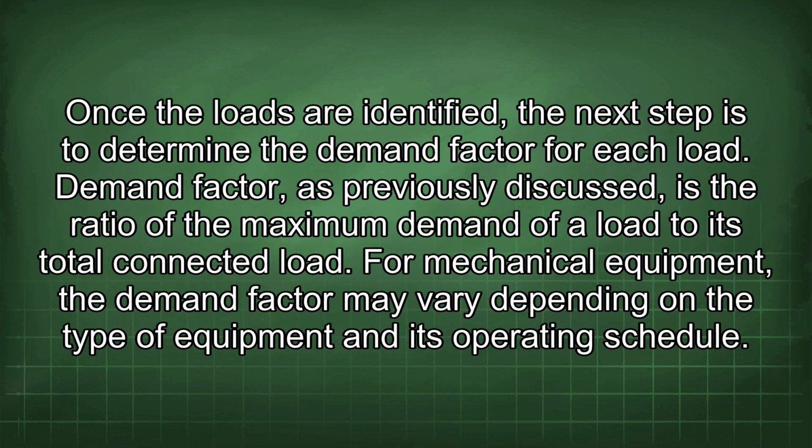Once the loads are identified, the next step is to determine the demand factor for each load. Demand factor, as previously discussed, is the ratio of the maximum demand of a load to its total connected load. For mechanical equipment, the demand factor may vary depending on the type of equipment and its operating schedule.